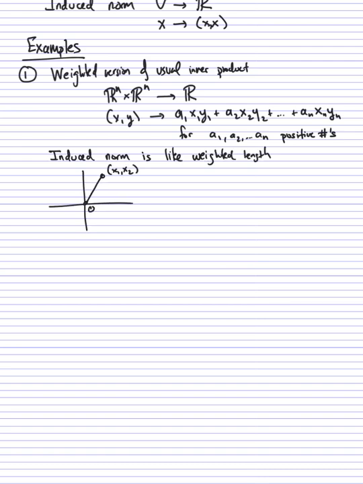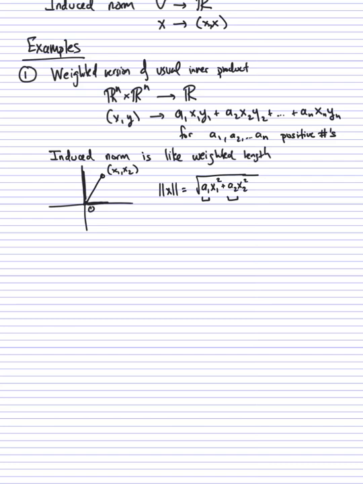Looking at the weighted norm, the weighted norm of x is the root of a1 x1 squared plus a2 x2 squared. So these you can think of as weights assigning how much you value the distance in the x direction versus how much you value the distance in the y direction.